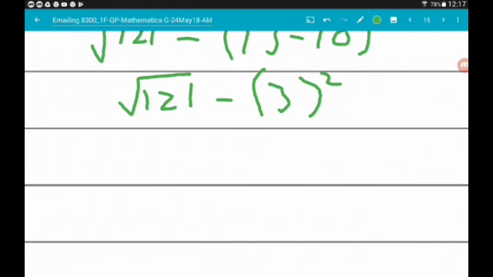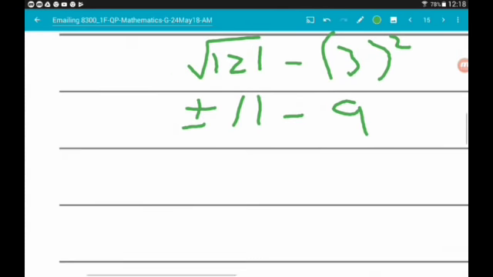When we square root 121, technically we get two answers. We get positive 11 and minus 11. So the square root of 121 is plus or minus 11, and then we got minus 3 squared, which is 9. So we're going to get two answers here.